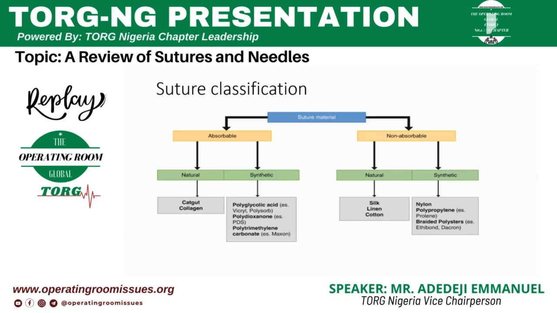As we speak now, with advanced technology in medical practice, which has also influenced the manufacturing of surgical sutures, the practice is moving away from naturally occurring sutures for many reasons, as synthetic sutures have a superior advantage.